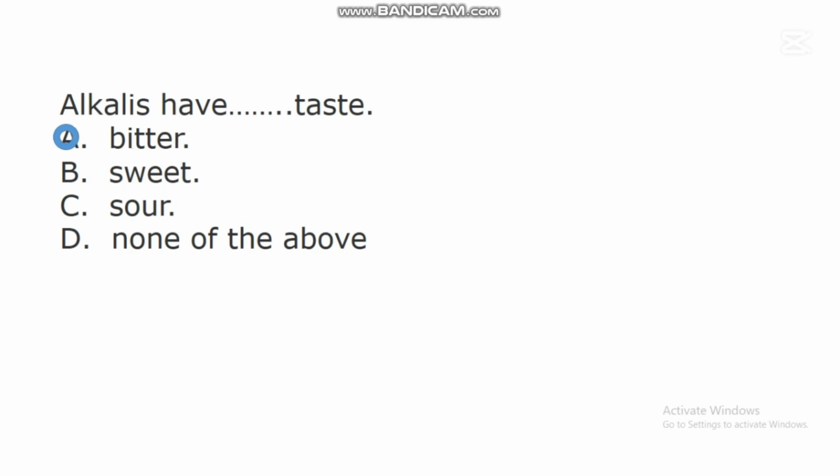Studies have shown that alkalis generally have bitter taste, and these alkalis can be found in natural things like bile. Studies have shown that bile is alkaline in nature, and the presence of alkalis in bile gives bile its bitter taste. So alkalis have bitter taste, whether they are natural or artificial alkalis.